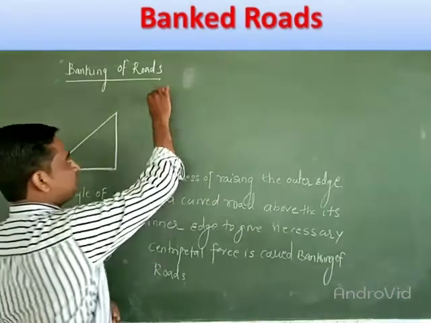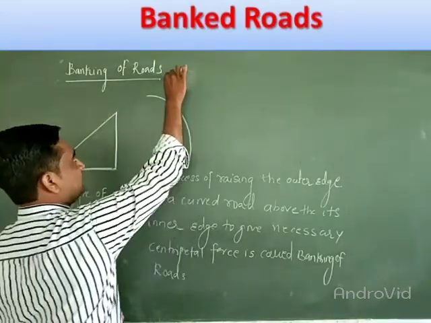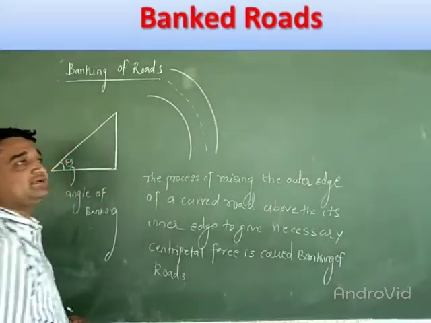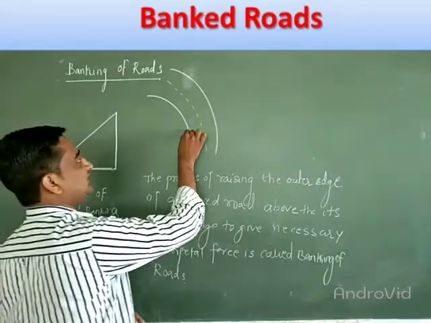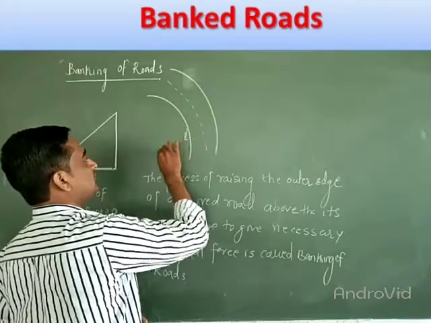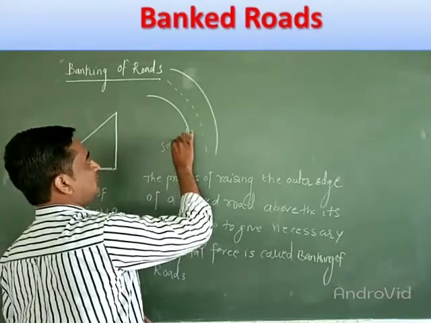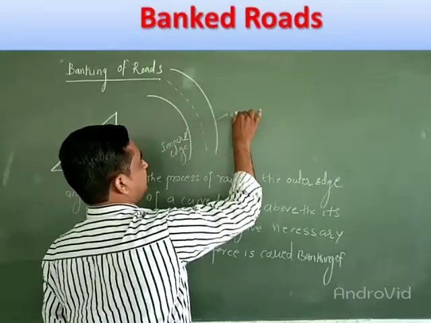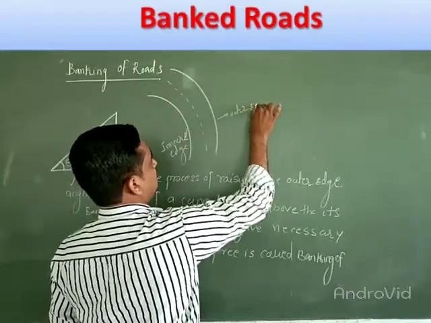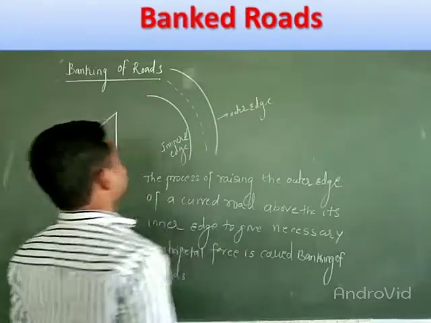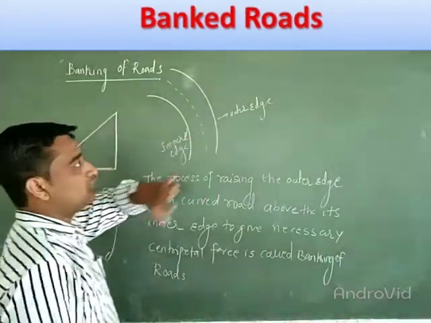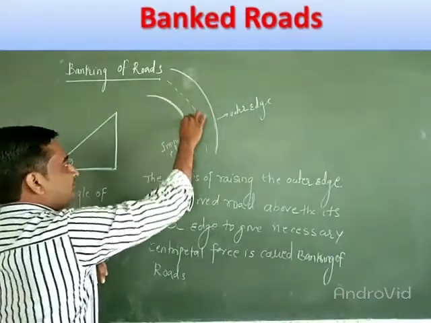As you have observed in curved paths, like this, the roads, this is the inner edge, and this one is the outer edge. The inner edge and the outer edge of the road. So this is the curved path.